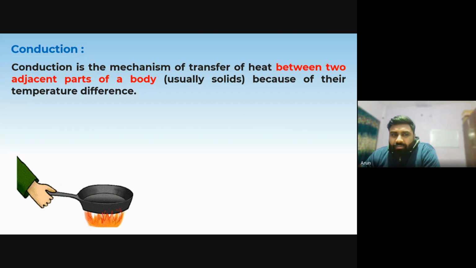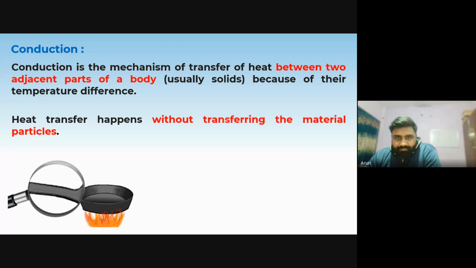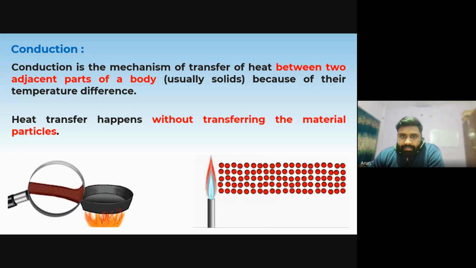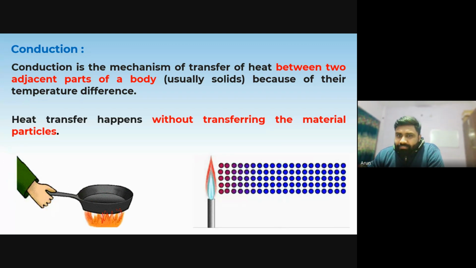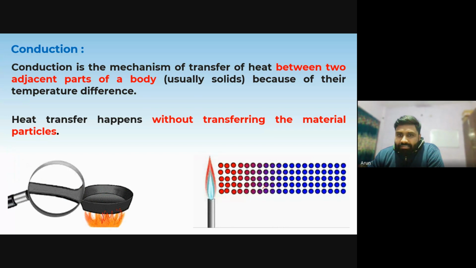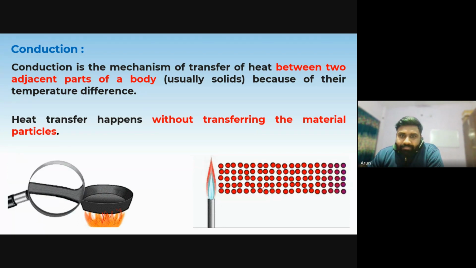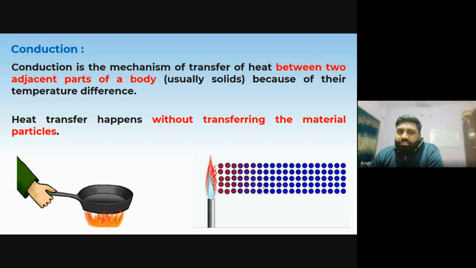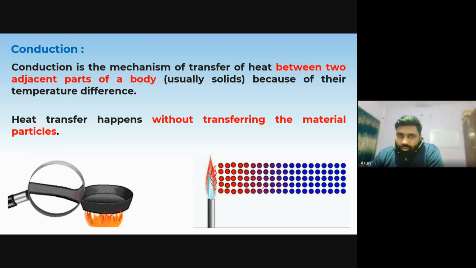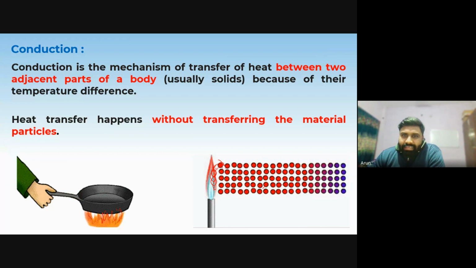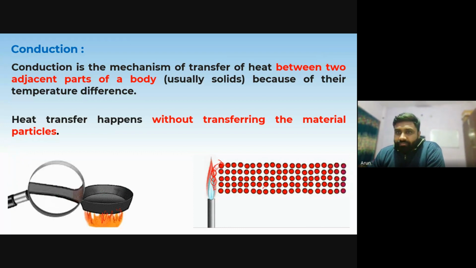So on the interatomic level, what is happening? These are the atoms in the system, and this is where we have placed the system. The atoms near this fire source are getting hotter because they absorb heat directly. As they absorb the heat, the temperature of this side will rise.